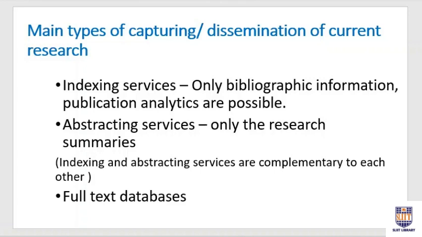The third one is the full text databases. All of us are very familiar now with these full text databases. The total articles and the total proceedings are available online for you to see. But these databases are not indexing services. They are not creating any indexes for the authors. But they have some reputation for making the research open to all, maybe under open licenses, CC BY licenses, maybe not, maybe institutional licenses.